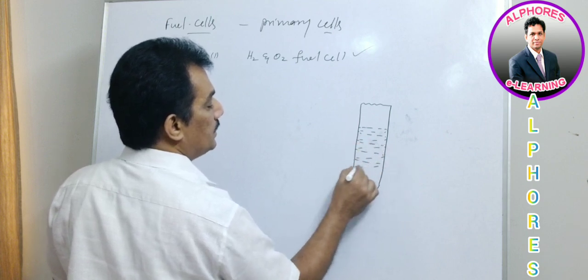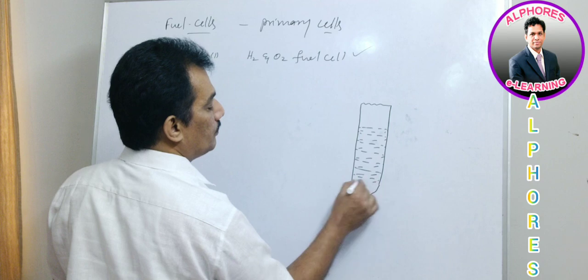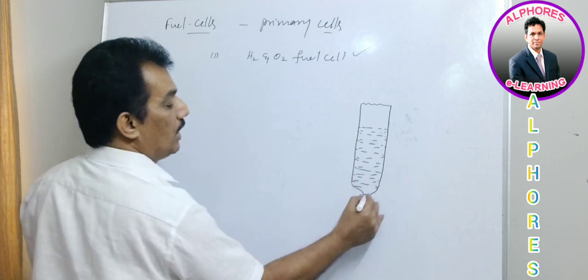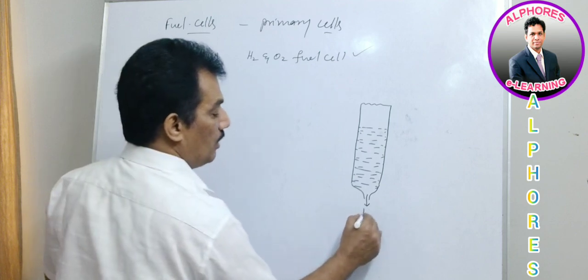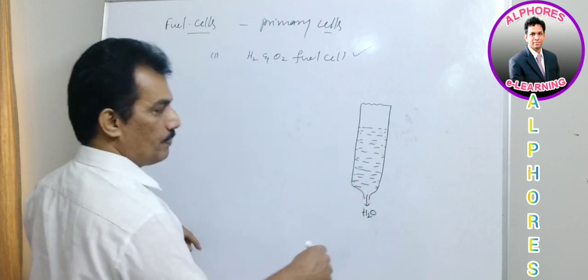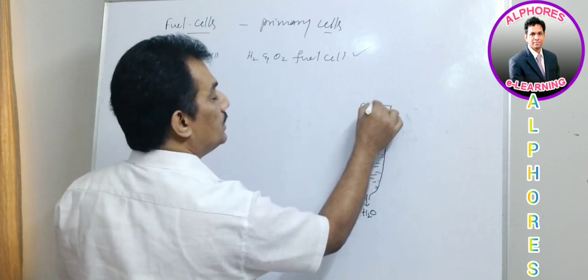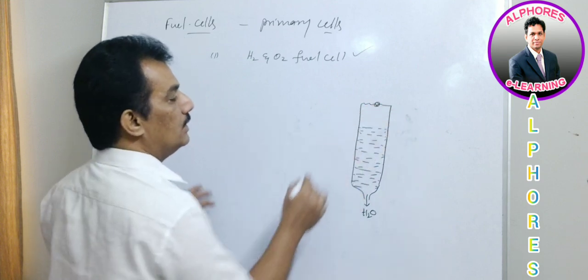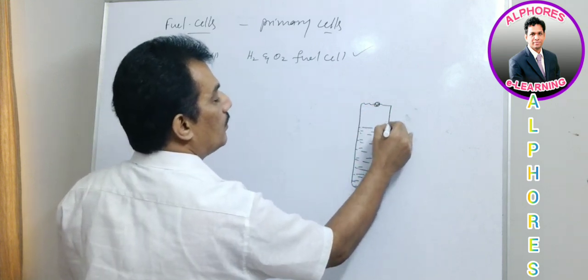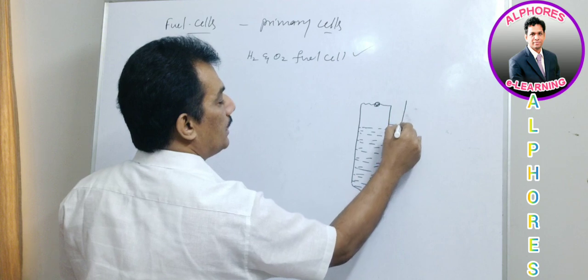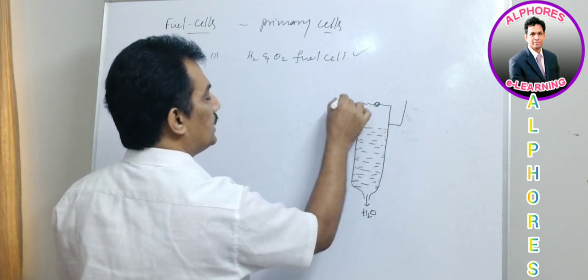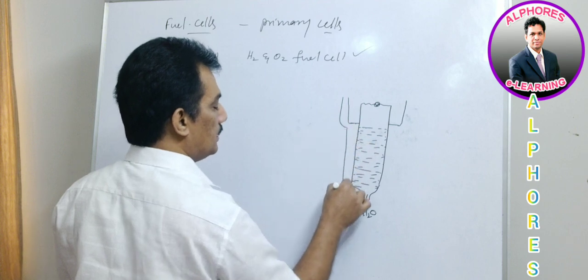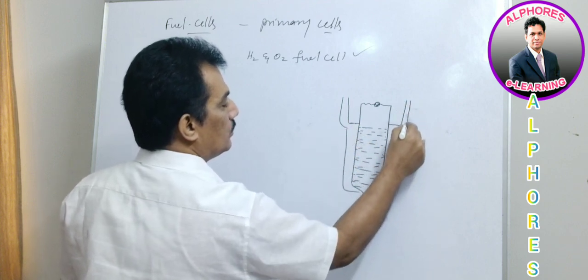The ion exchange resin separates, it is in solid form, and any water formed during the H2 and O2 reaction will be allowed to come out. And here a voltmeter is connected, and two chambers are maintained on both sides of this electrode set like this. Two chambers.